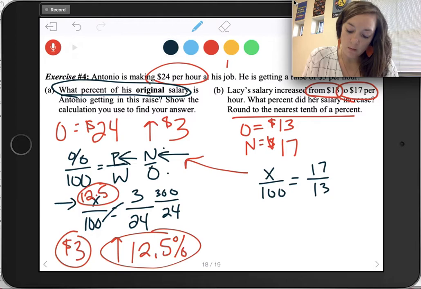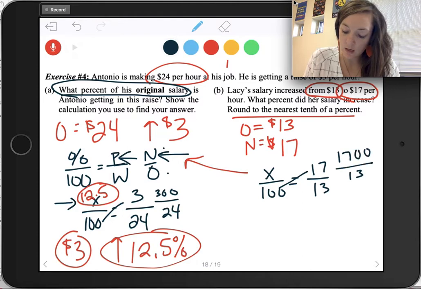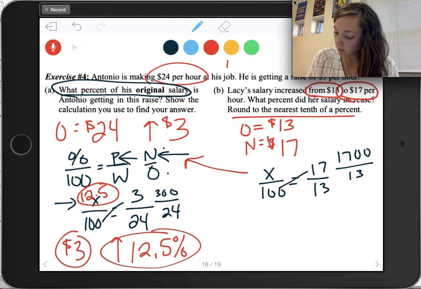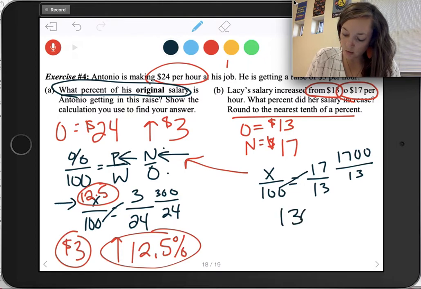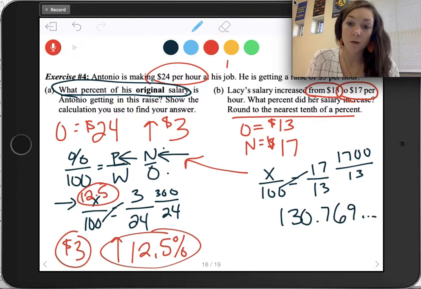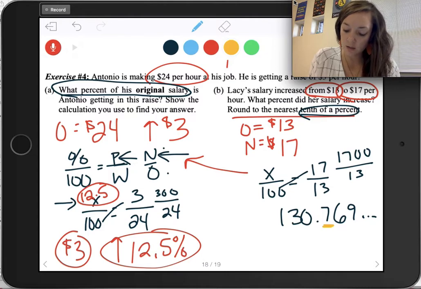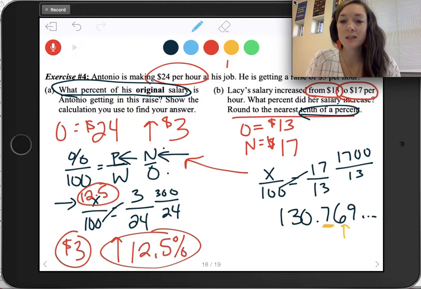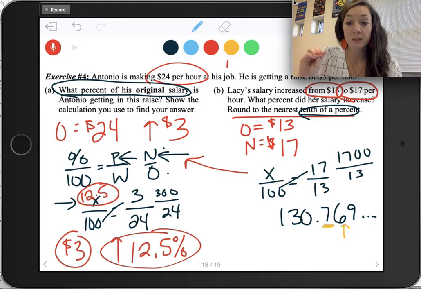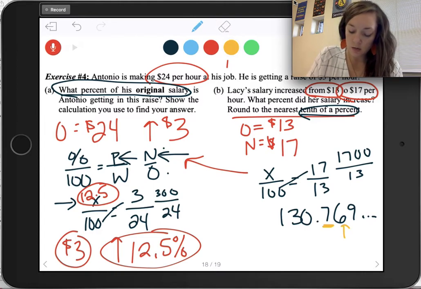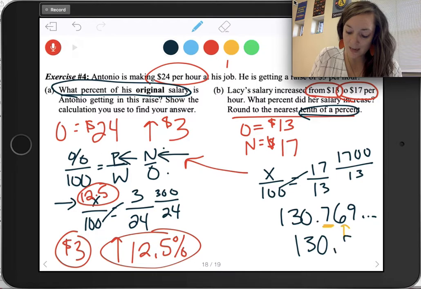Well, let's check it out. 100 times 17, 1700, divide that by 13, and we get 130.769 and a bunch of other numbers. And we want to round to the nearest tenth. Remember we have to look at the second digit. Is that digit greater than or equal to 5? Yes, it is. So we're going to round up. So our answer is going to be 130.8.